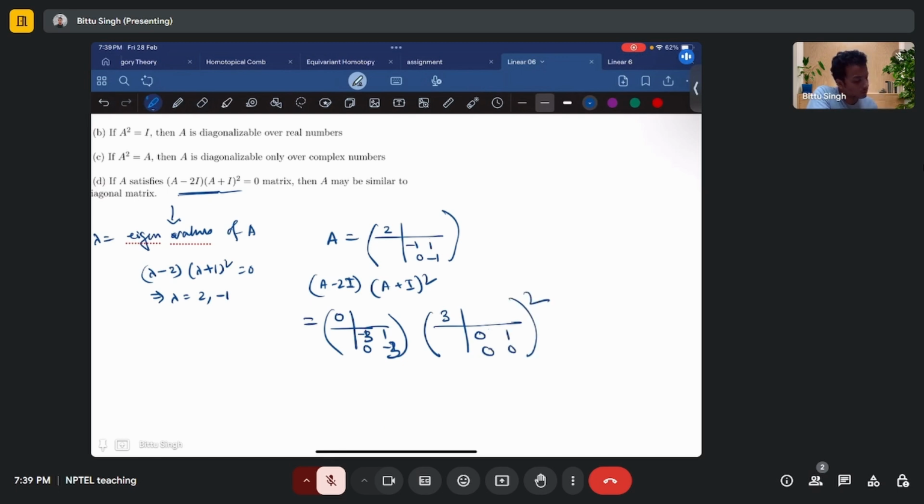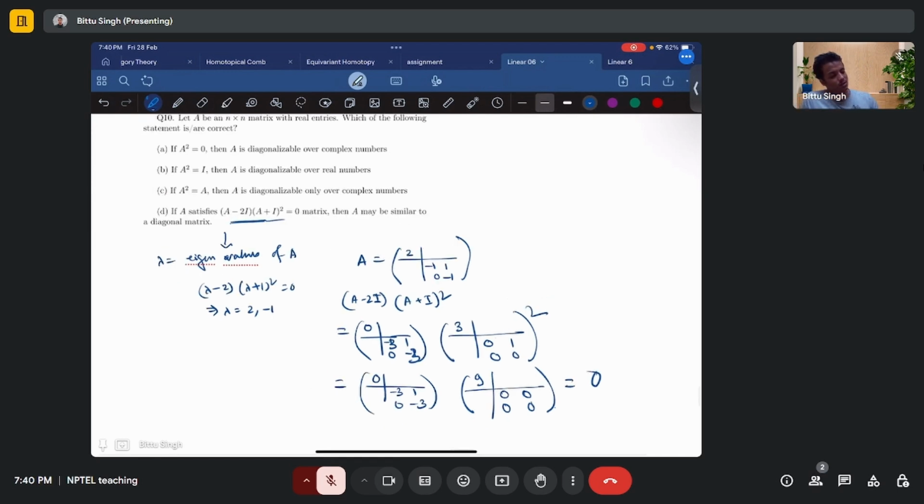Now if we take the square, the first one is the same, minus 3, minus 3, but the second thing here is 9, and this block is 0 0, and the second column is also 0. So if we multiply, this is the 0 matrix.